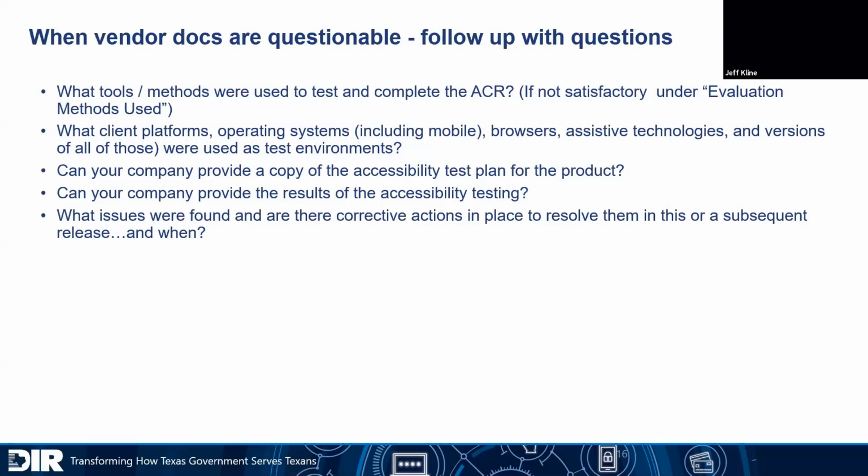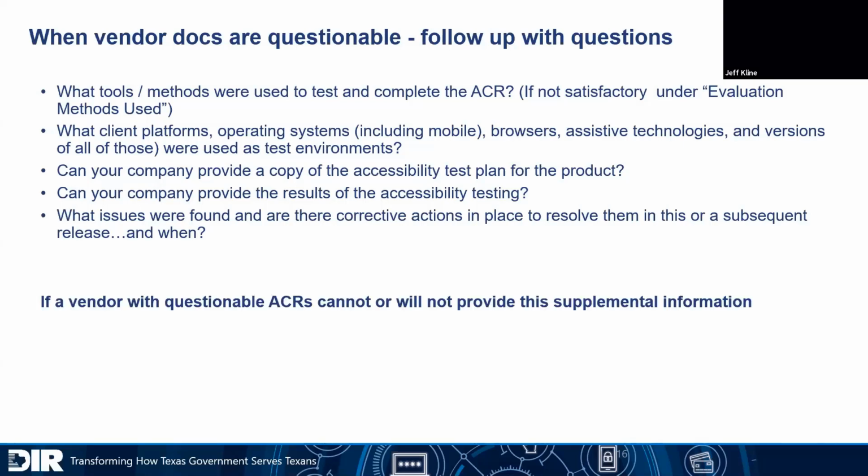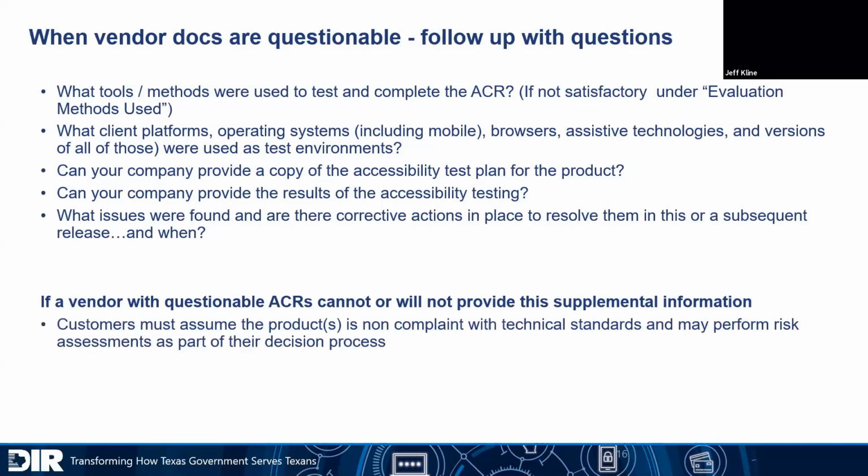What issues were found, and are there corrective actions in place to resolve them, or in a subsequent release, and when will that be? Now, if a vendor with a questionable ACR cannot or will not provide the supplemental information, you have to assume that the product is non-compliant with the technical standards, and that you need to look at that by performing a risk assessment as part of the decision process.